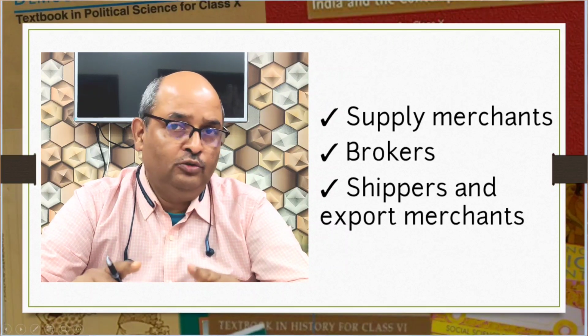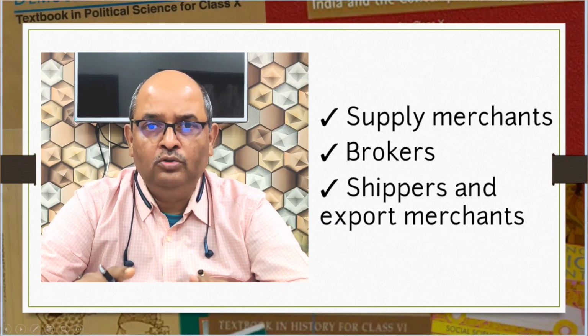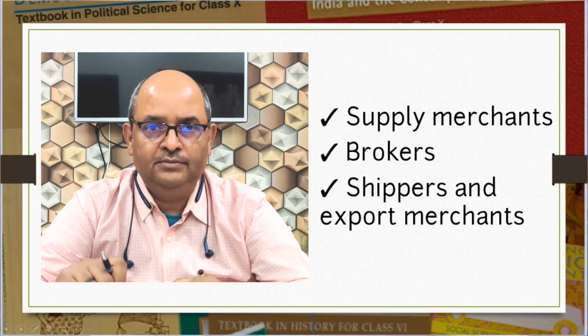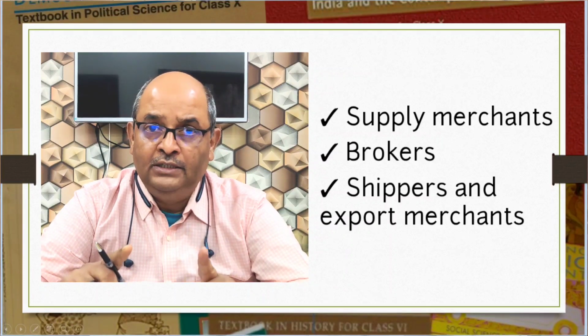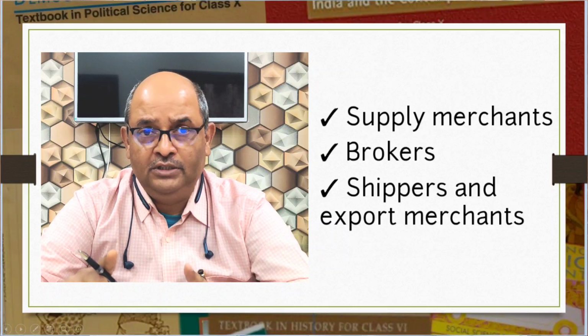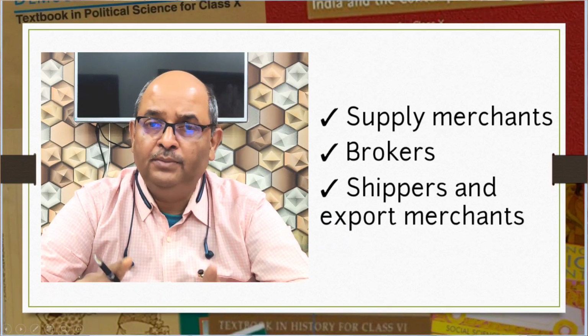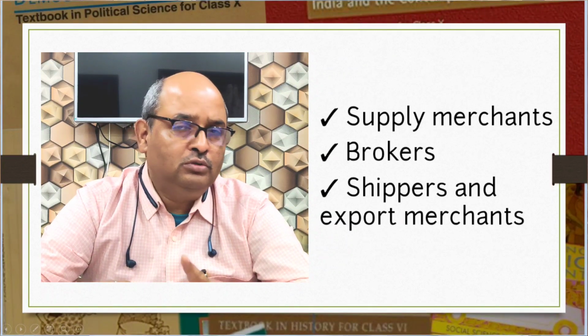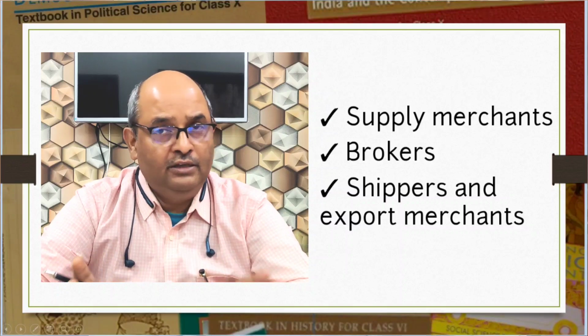These brokers negotiated the price and bought goods from the supply merchants. Finally, export merchants undertook the job of shipping and transporting goods to the destination countries where they were sold. This is how the system worked and the fine quality cloth reached the world markets.